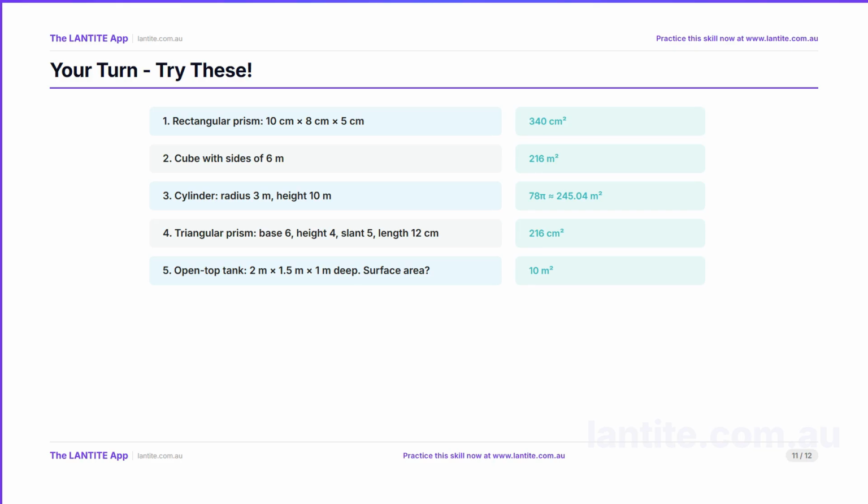A triangular prism has a triangular end with base 6 centimeters and height 4 centimeters, and the prism is 12 centimeters long. The slant sides are 5 centimeters each. Problem 5. An open-top rectangular tank is 2 meters long, 1.5 meters wide, and 1 meter deep. Find the surface area. Check your answers on screen.